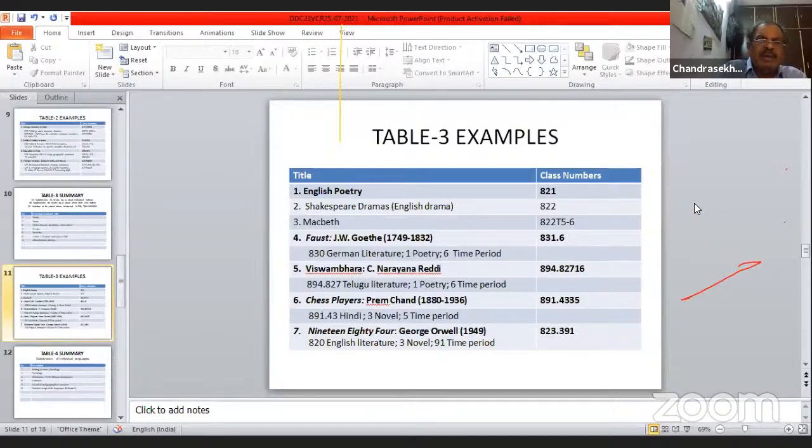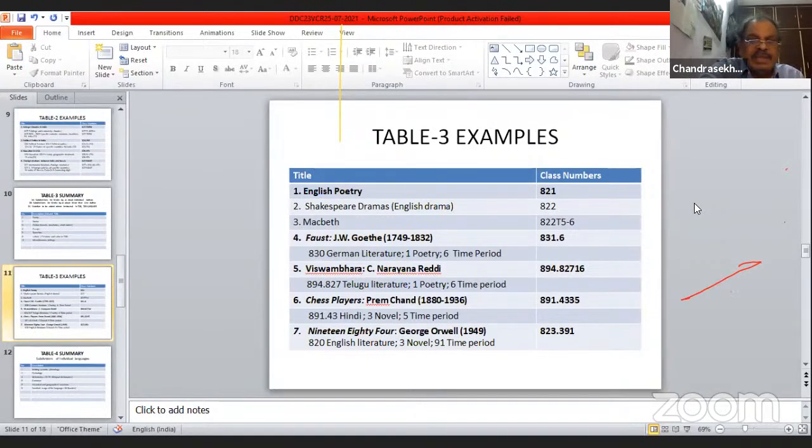So English literature, you find the combined number already in the schedules. So English drama, 822 is drama. So Shakespearean dramas, 822. I gave one example, Macbeth. There are 4 tragedies written by Shakespeare, comedies, sonnets he has written, like that. There are many works of Shakespeare, so all Shakespeare works are individualized.